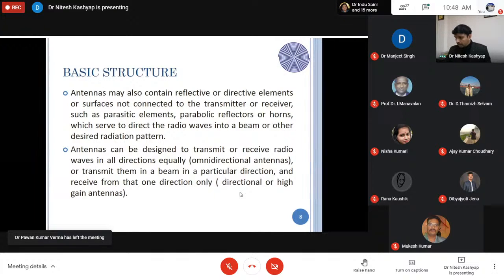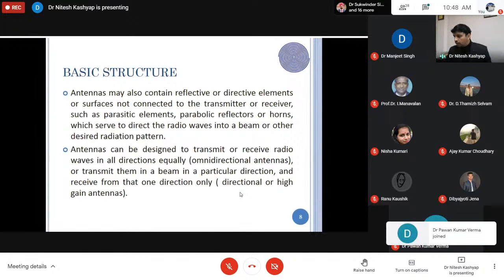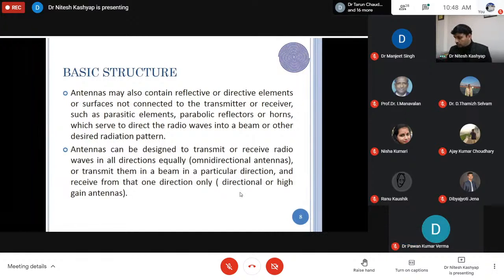The antenna can be designed to transmit or receive radio waves in all directions equally. It is an omnidirectional antenna. I will tell you what an omnidirectional antenna is further. On the transmit side, it can send them in a beam in a particular direction, which is a directional antenna.